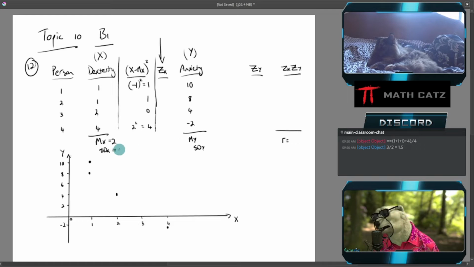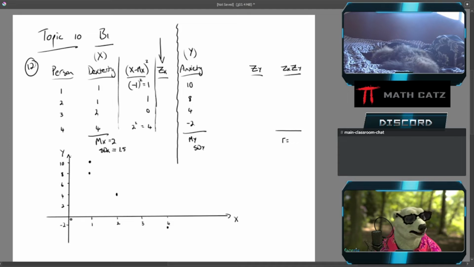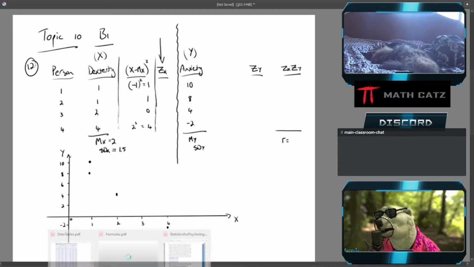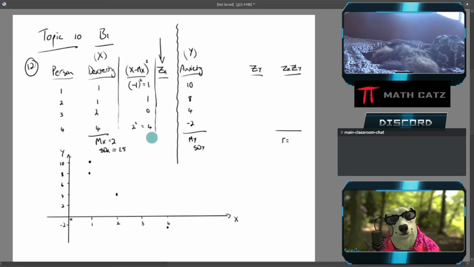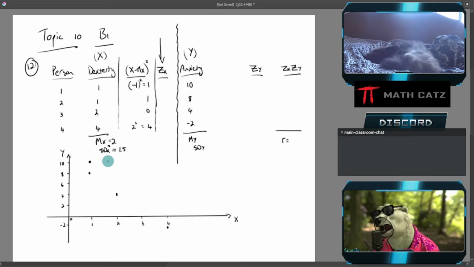So we get 1.5. We have to remember that, just as the formulas here suggest, the sum of the squared deviations divided by the sample size is the variance. I may have misspoken there. Variance is what we're calculating here as 1.5.